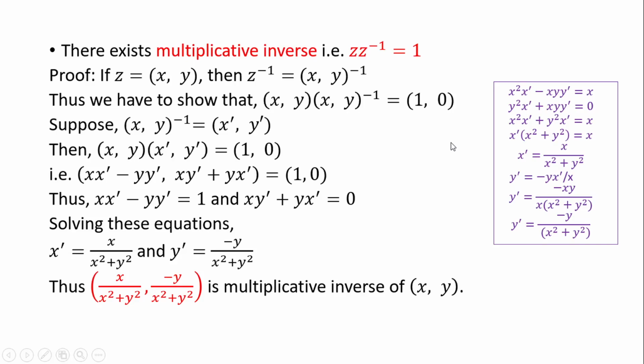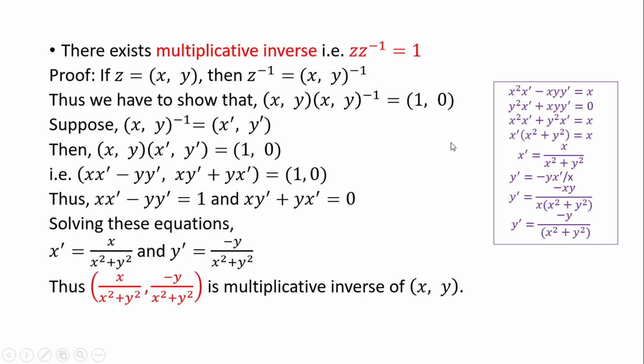Now simply we have to add these two terms, so that this term gets cancelled, and we have x square x prime plus y square x prime, and this is equal to x. So we can take x prime common, so in bracket x square plus y square, so this is equal to x. And what is x prime? It is x upon x square plus y square.